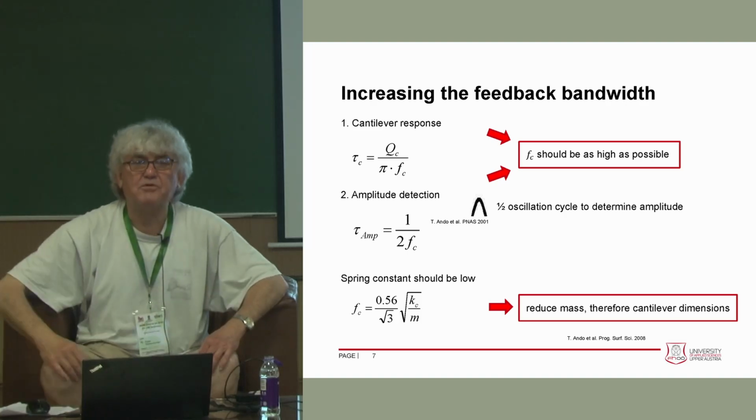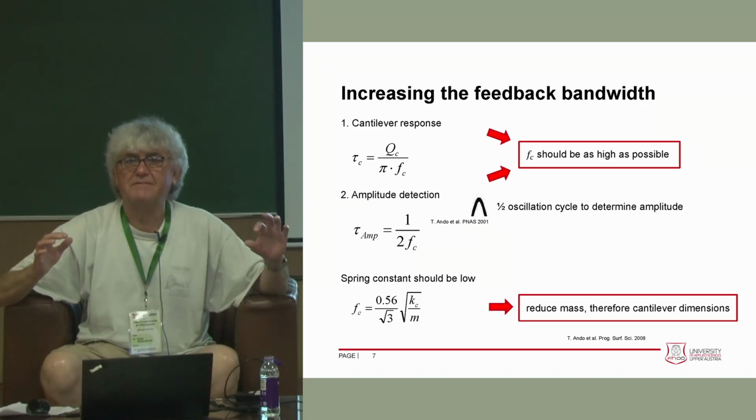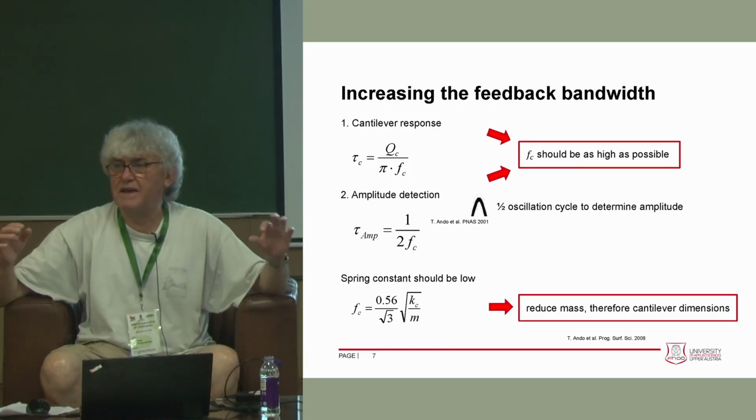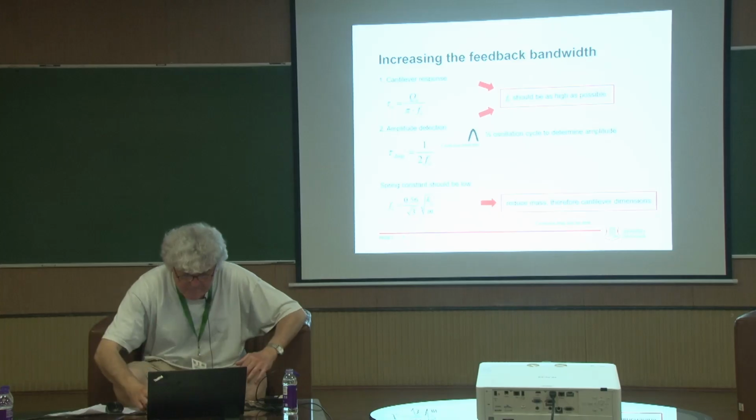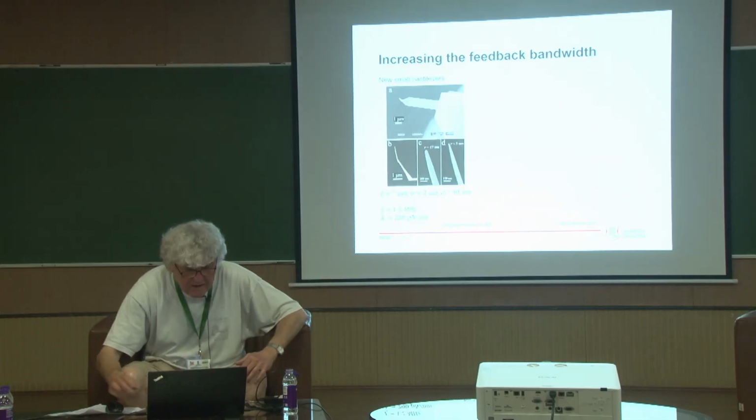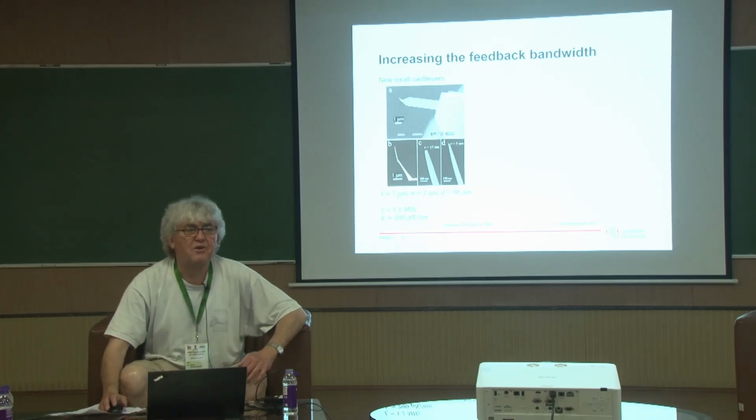So what we have to do is reduce the mass. Otherwise we cannot be sensitive, and we cannot increase the resonance frequency. And this is now the challenge for the etching technology.